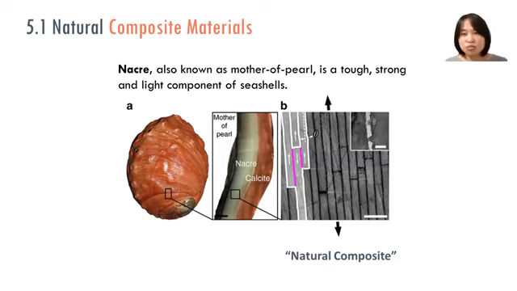Then if we zoom down into this structure, again we can see that it is a composite material. But now the composite structure changes into bricks laid up together, again at the nanometer level.